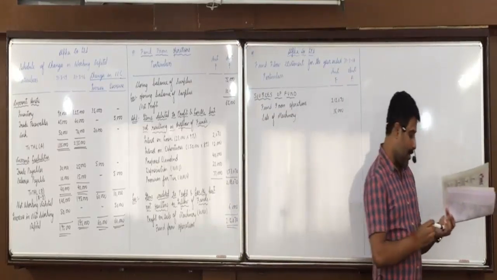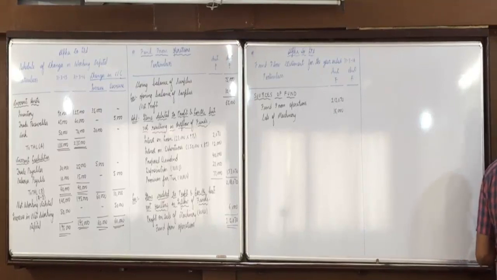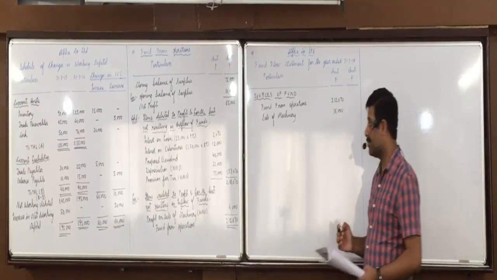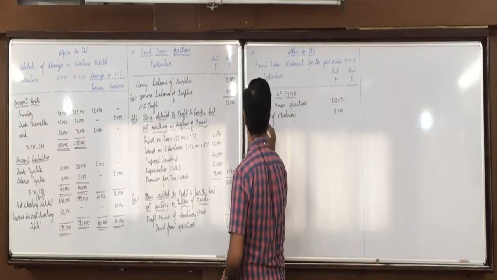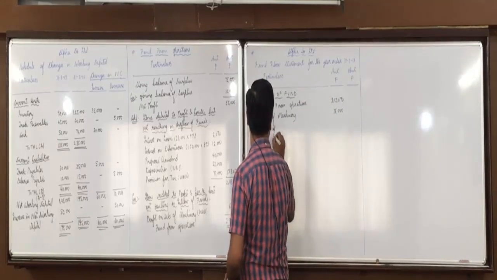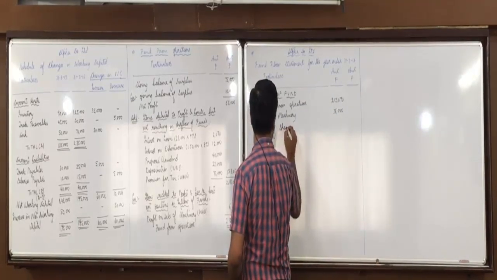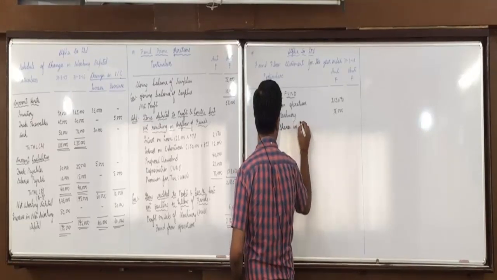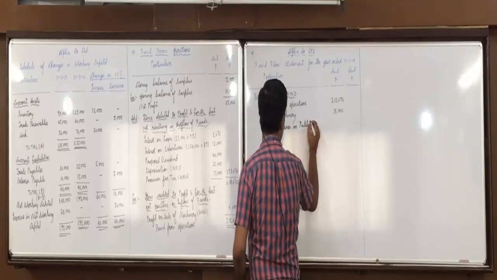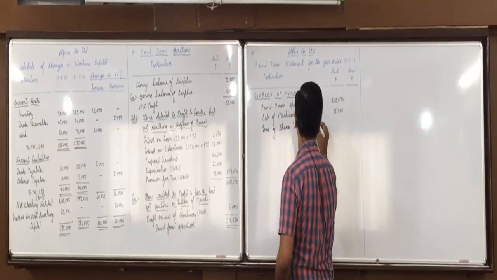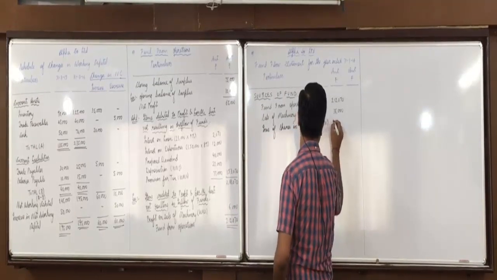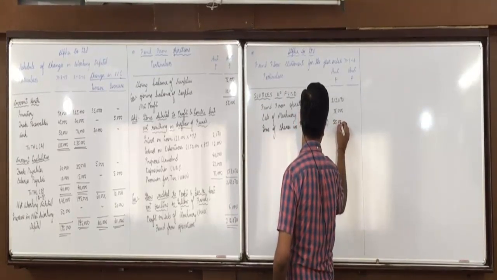Then adjustment 3, issue of shares in public, 5,000 into 11, including premium, 55,000.